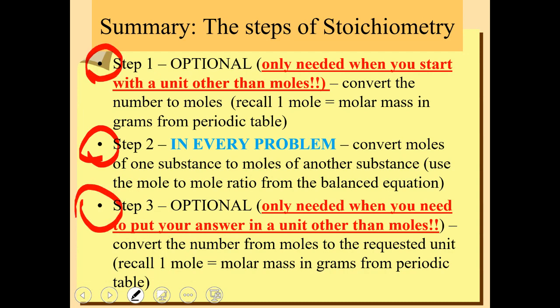Today, you might have step 1 and step 3, one or the other, or sometimes both. And what you have to decide is how many steps do I need? And remember, you always need step 2. You may or may not need step 1 and step 3. You have to read the problem and look at your units to decide that.